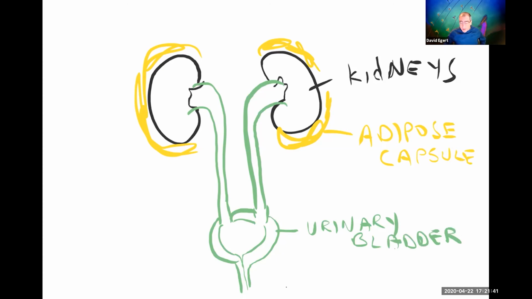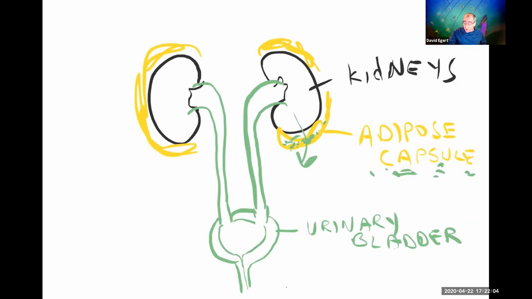The reason it's worth mentioning the capsule here is you can actually have a problem if somebody loses too much weight. Somebody is anorexic or something, and you start having too much of this adipose disappear, you can have the whole kidney drop down.